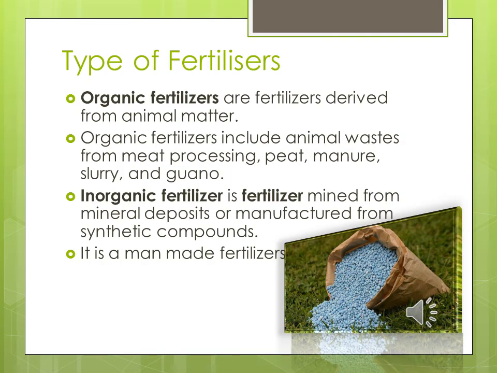Types of fertilizer. Mineral salts are nutrients for plants. They are needed by plants for healthy growth. One way of providing plants with nutrition is to add fertilizer to the soil. There are two types of fertilizer: organic fertilizer and inorganic fertilizer.